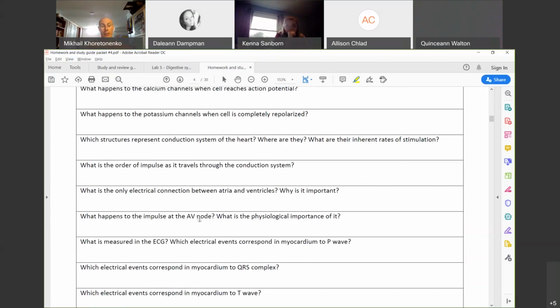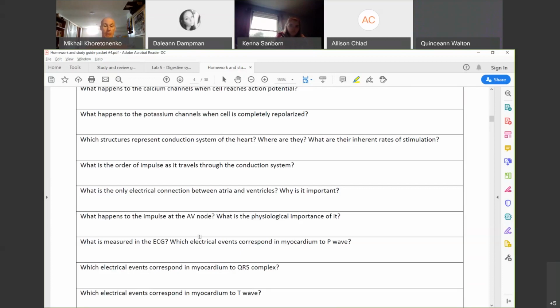And the electrocardiogram allows us to measure the electrical activity in the heart. So when we see the P wave, that's the impulse originated in the SA node, leading to depolarization and eventually contraction of the atria. In the QRS complex, what we see is repolarization, essentially relaxation of the atria, and depolarization, essentially contraction of the ventricles.